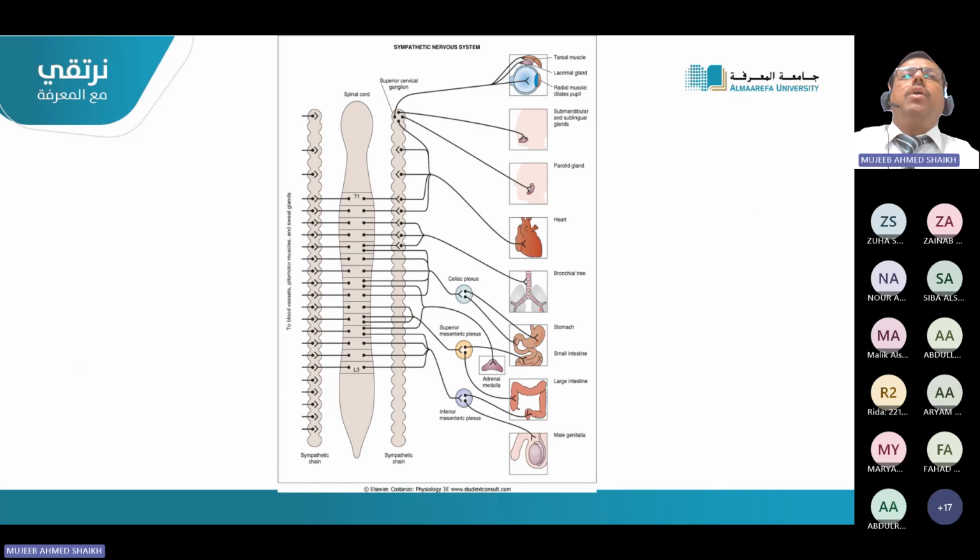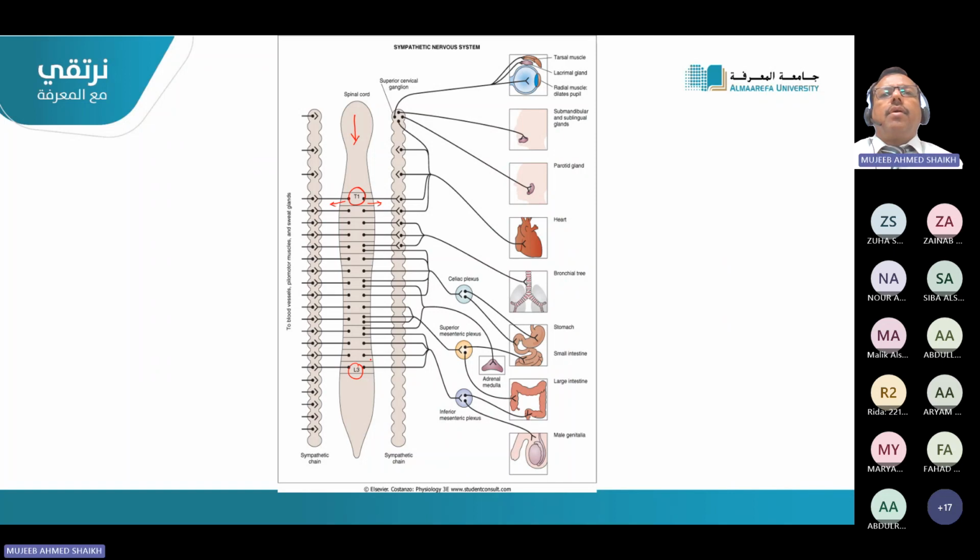This is a diagram showing how the sympathetic nervous system is arranged. You can see this is the spinal cord in the center. The nerves are coming out on both sides, right and left. From the T1 level till the L3 level, all the nerves coming out are carrying autonomic sympathetic fibers also.